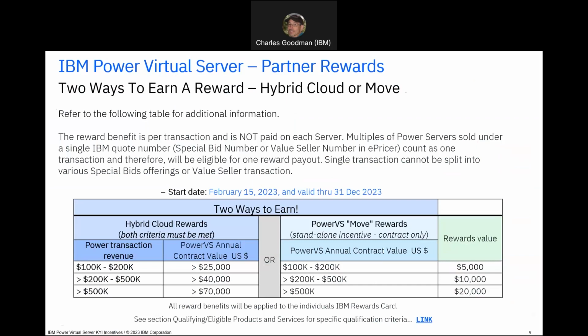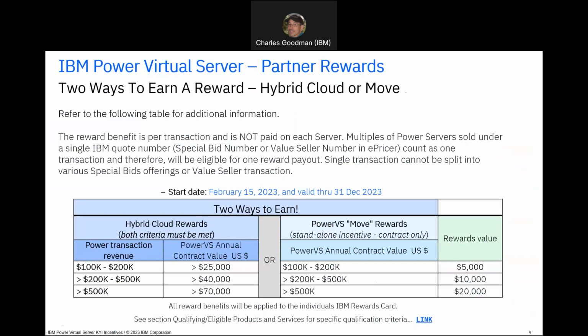Really selling that hybrid cloud solution will, in this case, give you $5,000. On the $500,000 transaction and a 70K Power VS contract, you'll get $20,000. That's us sending you a MasterCard gift card with $20,000 on it for you to spend any way you like. And like I said, we can split that between two people, a seller and a tech seller, if that makes sense.